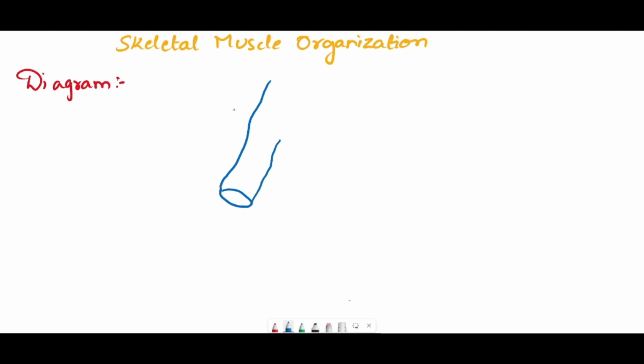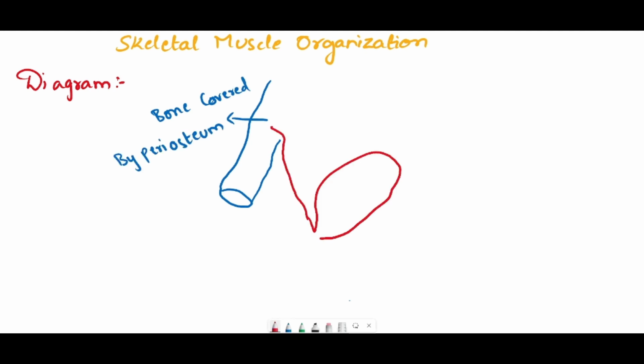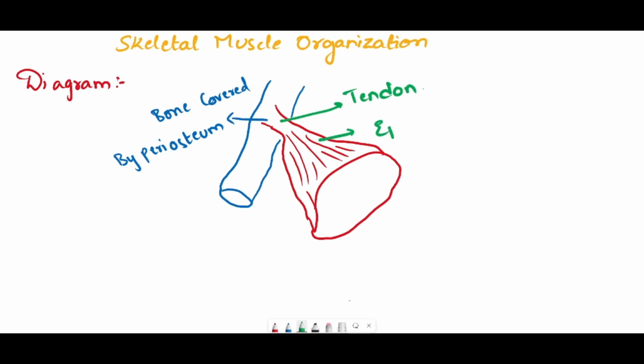So this part is called the bone, which is covered by the periosteum, and there is one more part which looks like this. This portion is called the tendon, and this part we will be calling the epimysium, and this part the perimysium. This portion we will be calling the fascicle.